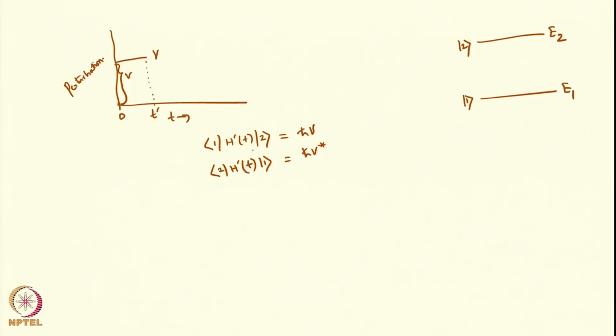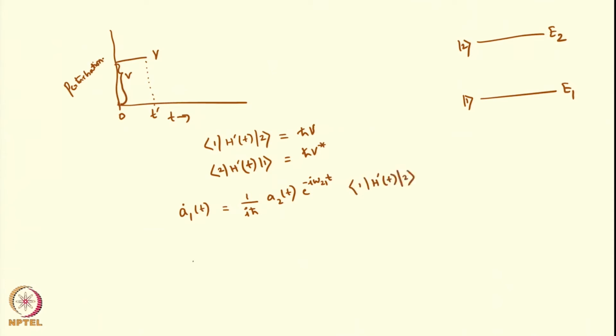Where v and v star are complex conjugates with respect to each other. In fact, if you look at these integrals, they are complex conjugates of each other. So, if such is the scenario, then A1 dot t will be equal to 1 over I h bar, A2 of t e to the power of minus I omega 21 t, and we had this integral 1 h prime 2 h bar t 2.